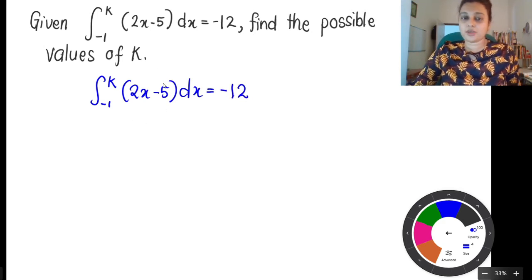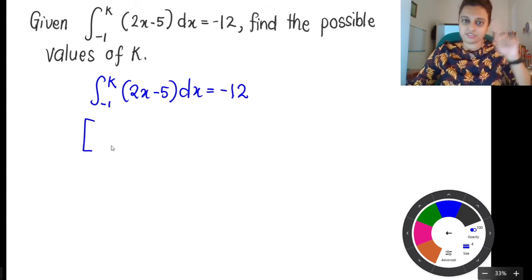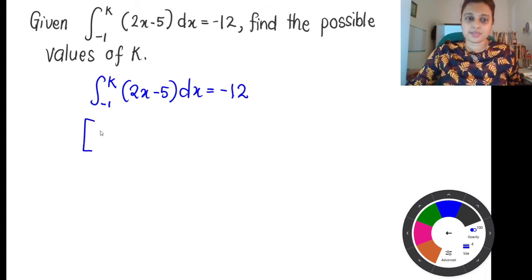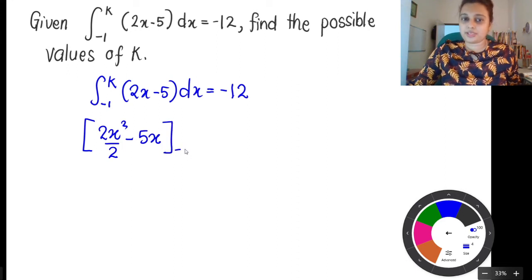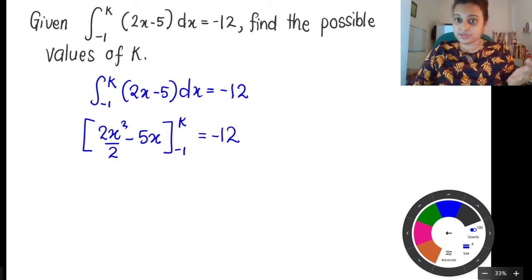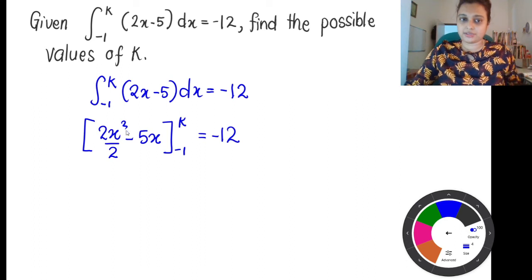So first step, do the integration first. When you do integration, change it into bracket. So it becomes 2x squared over 2 minus 5x. Put the limits outside of the bracket, goes to -12. Once you do this ready, now we solve the bracket.